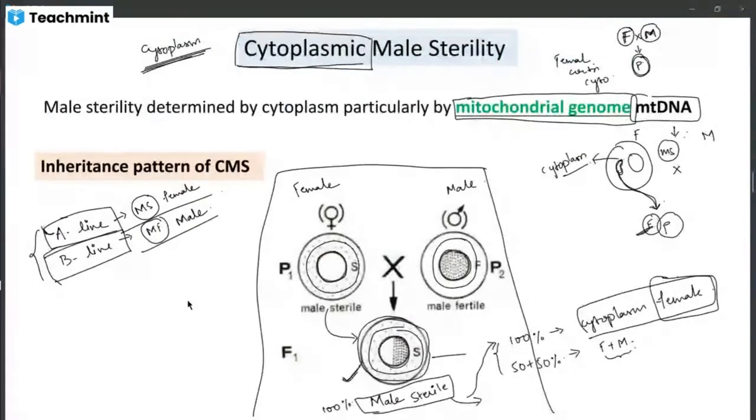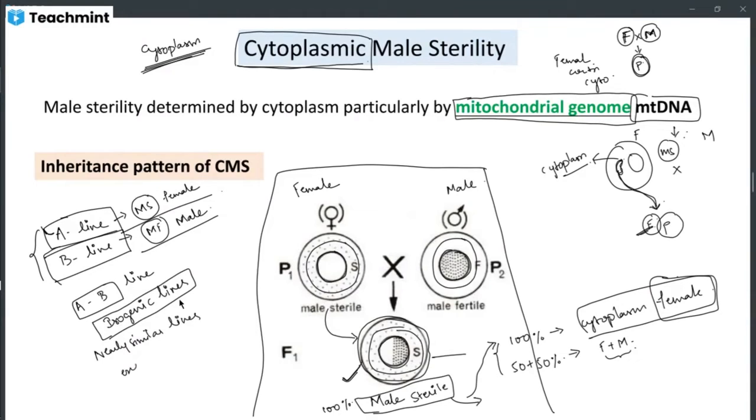Does anyone know the A line and B line? Isogenic line. Yeah, what do you mean by isogenic lines? Iso means similar, genic means gene constituents, except one character. So nearly similar lines except for one or a few genes.